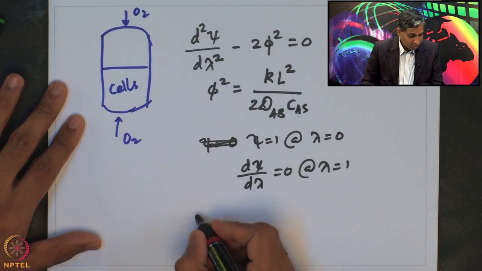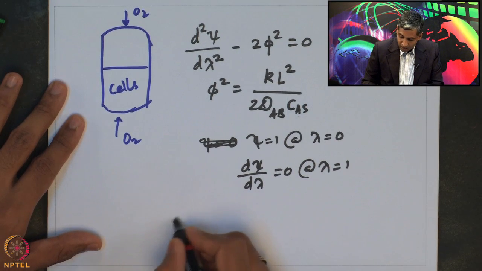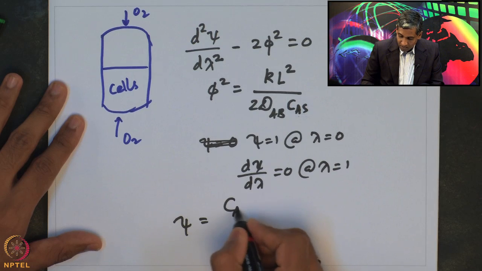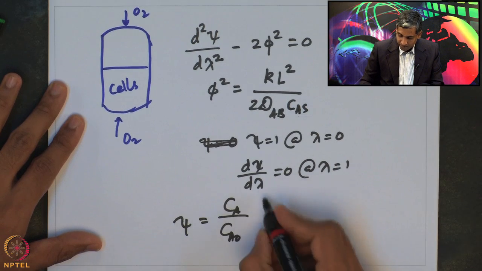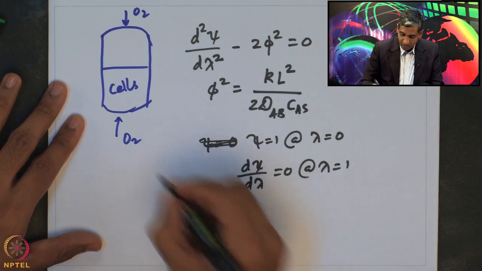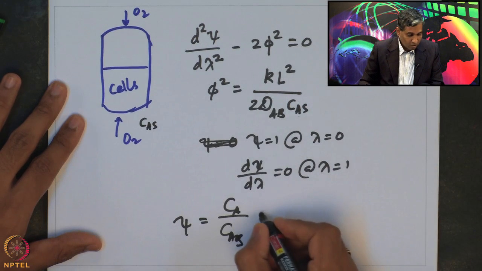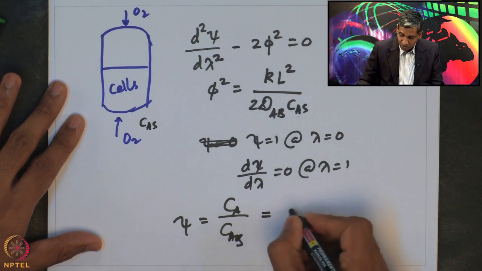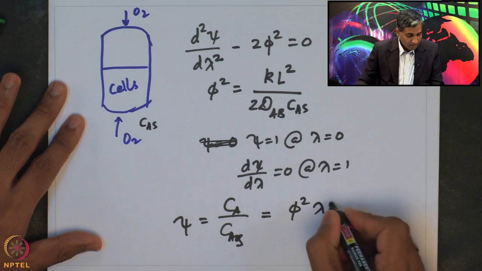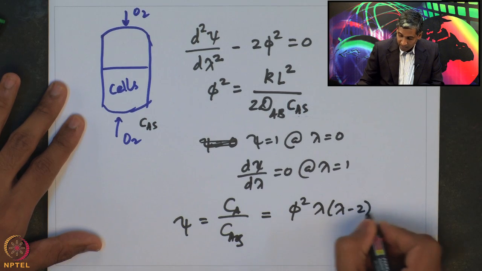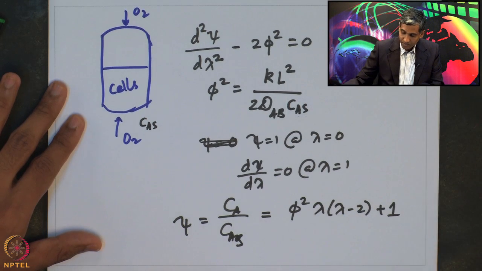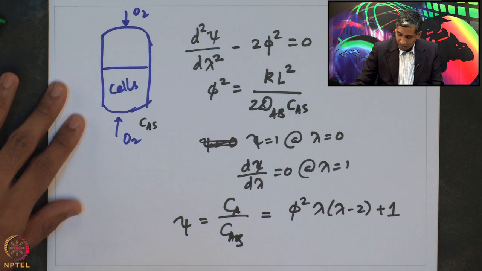The solution is psi equal to C_A by C_AS, where C_AS is the surface concentration, the concentration at the location where the oxygen goes in, and that equals phi square lambda into lambda minus 2, plus 1.